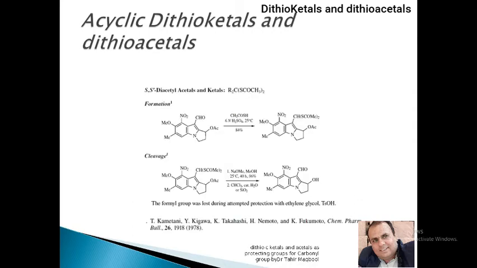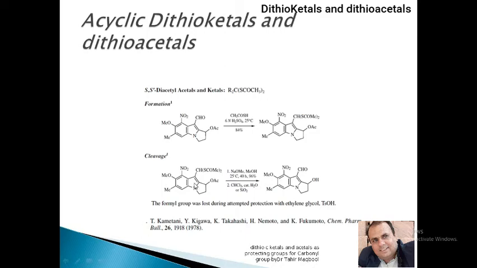So here is an example of formation and cleavage of dithioacetals or ketals. Here in this example the formyl group is protected by using 6 normal H2SO4 at 25 degrees Celsius, 84% yield, and you get the protected formyl group, that is the dithioacetal.